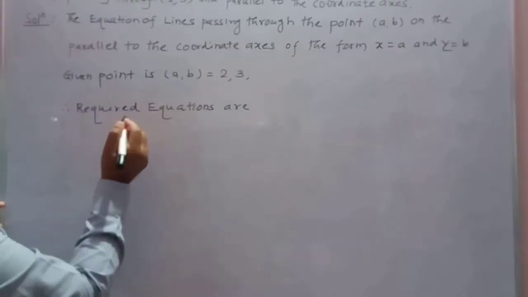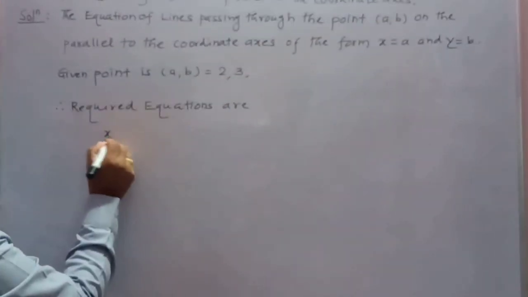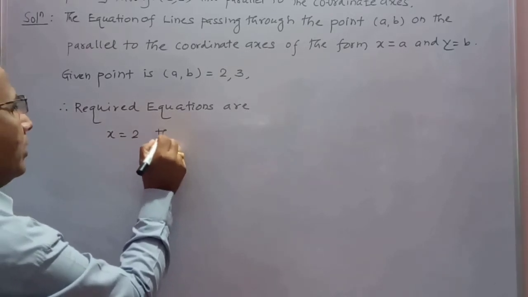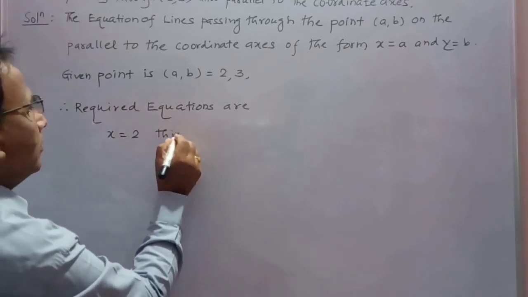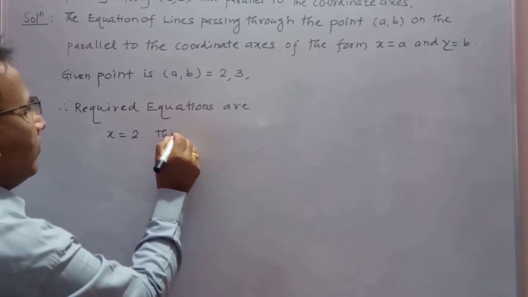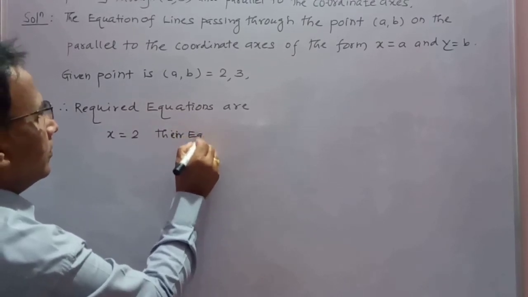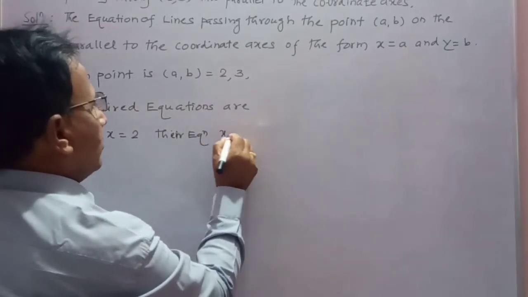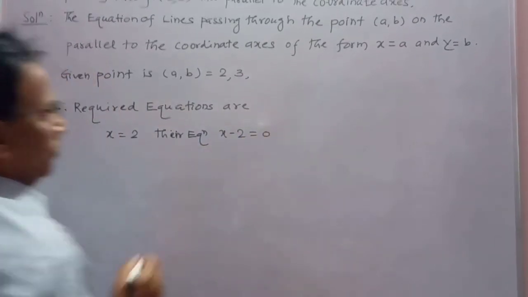Here a is 2, so the first is x equal to 2. Therefore their equation is x minus 2 equal to 0.